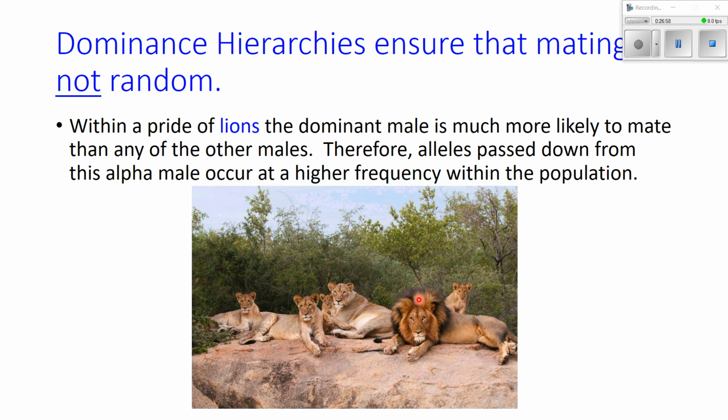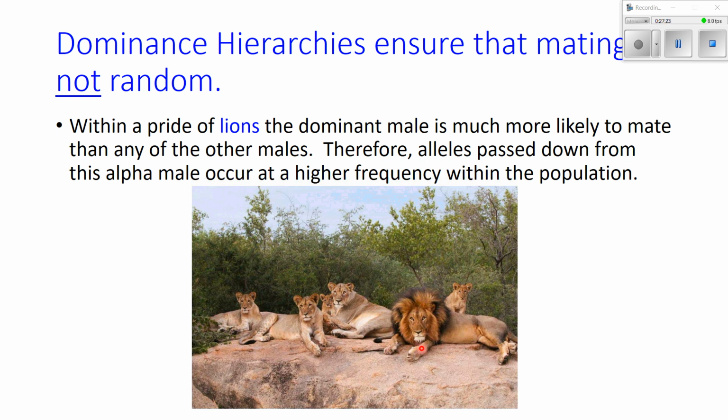That dominant male has mating privileges with all of the females in the pride. Any other males that are lurking around the perimeter of the pride, they don't get to mate, or they had better not try, or they will get their butts kicked, right? So that's not random, right? Not all of those lions have an equal chance of mating.